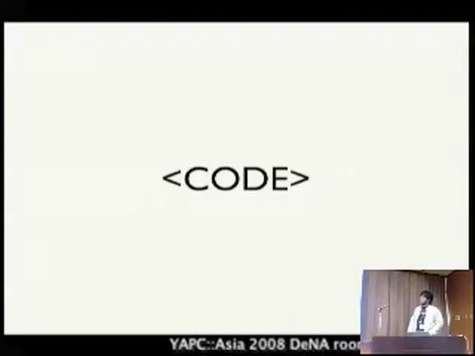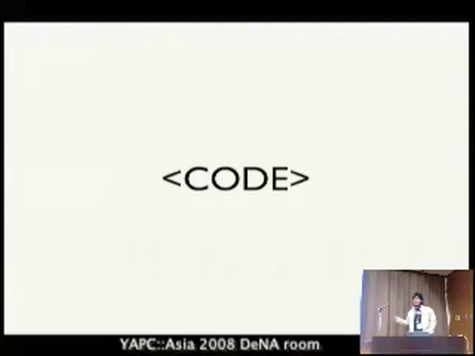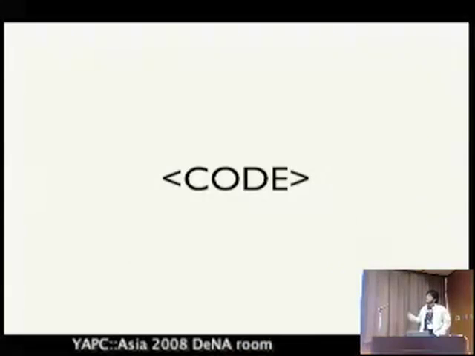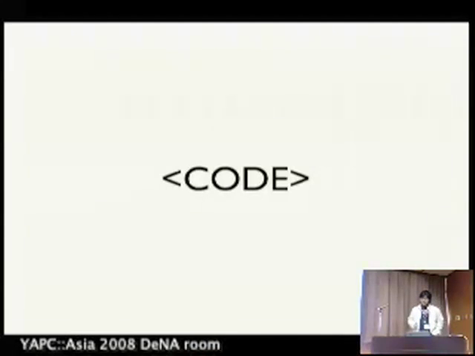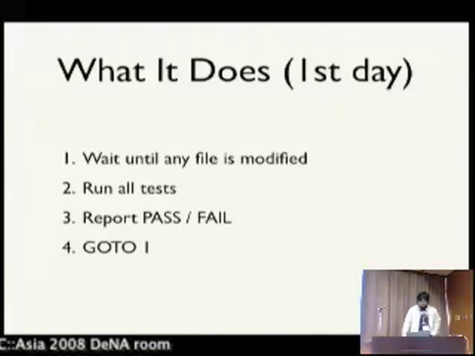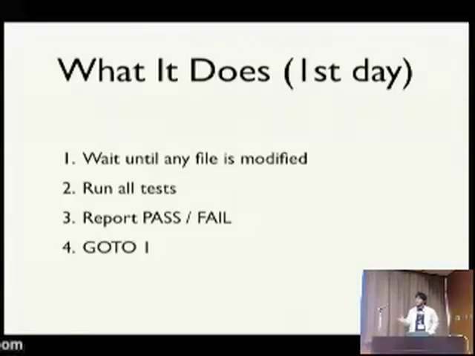So, that's basically all of it. Let me just bring you some details. On the first day that I wrote this program, it did even simpler things. It just waited for some files to be modified, then ran all the tests and reported to you if they passed or failed.